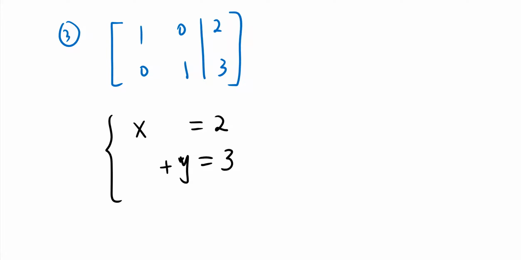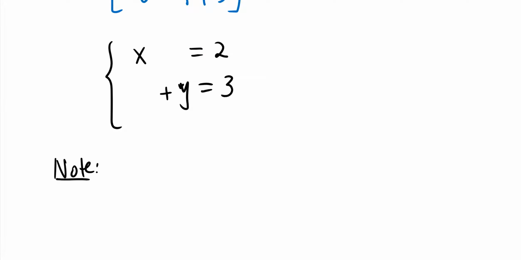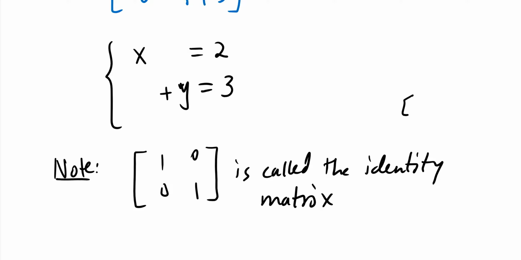Now since I wrote that 1, 0, 0, 1, we can write a note here about this matrix. It's a special matrix. This matrix is called the identity matrix. It's a 2 by 2 identity matrix. If you just put 1 by itself, that's a 1 by 1 matrix. It's also an identity matrix. We can have a 3 by 3 identity matrix. Identity matrices have what is called their main diagonal.